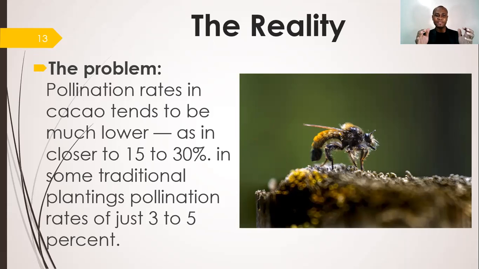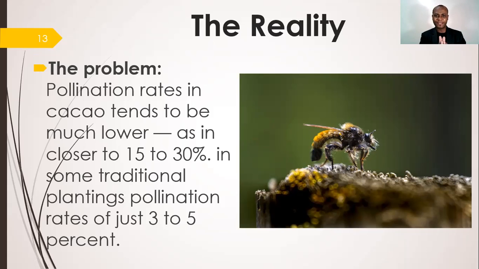And usually, okay, that is in advanced farms. And usually in traditional cacao, it's between 3 to 5% only. Okay, so you should be able to raise the pollination rate in order to raise pod formation.